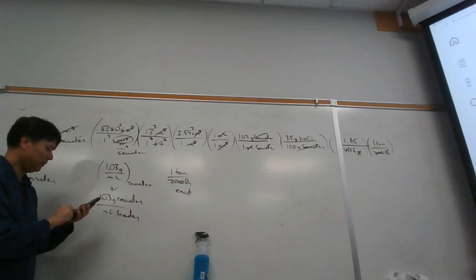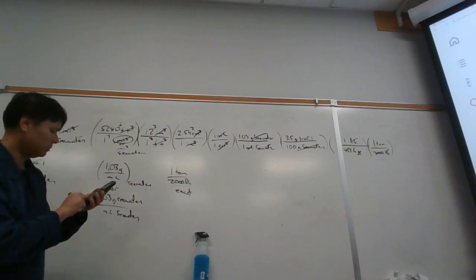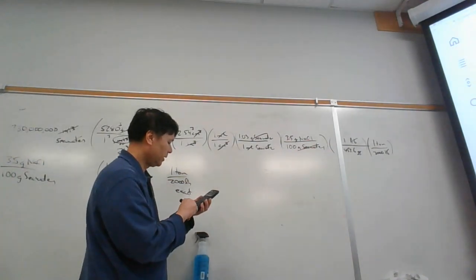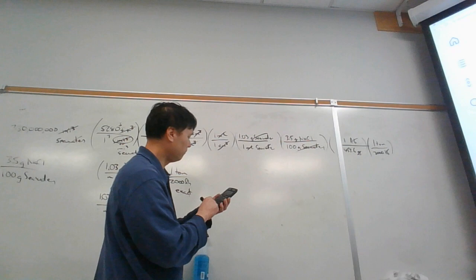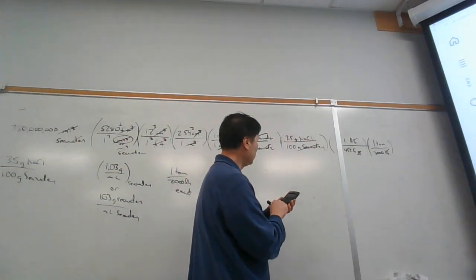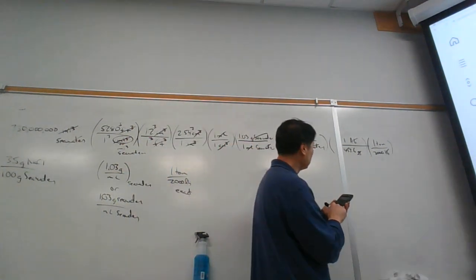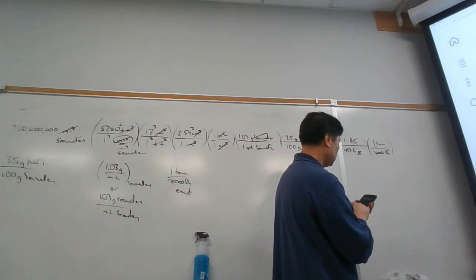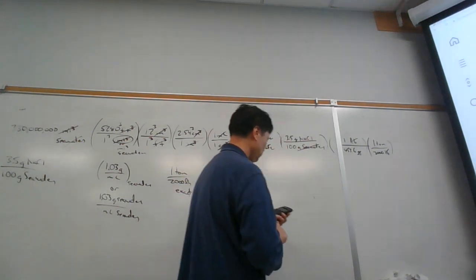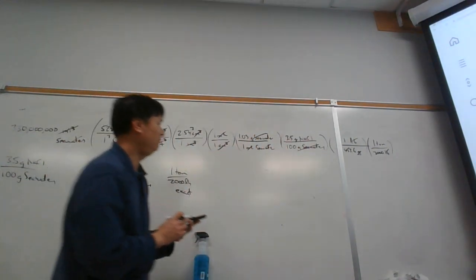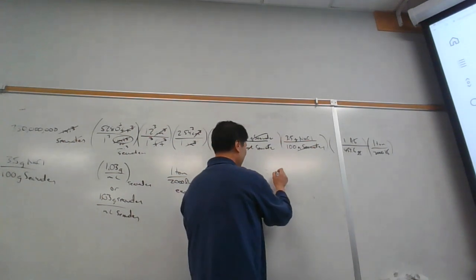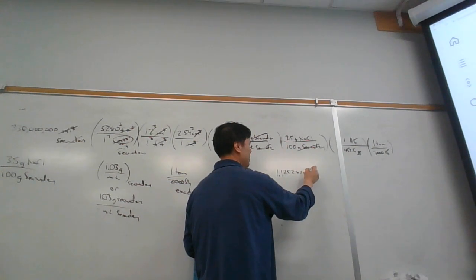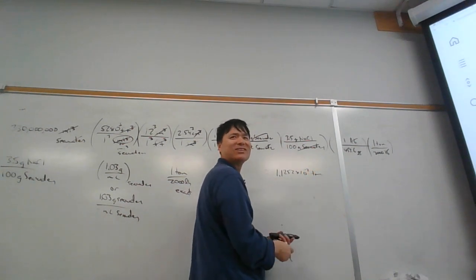Times 12 cubed equals times 2.54 cubed equals times 1.03 times 3.5 divided by 100 divided by 453.6 divided by 2,000. 1.1252 times 10 to the minus 3 tons. Do you think that's correct?